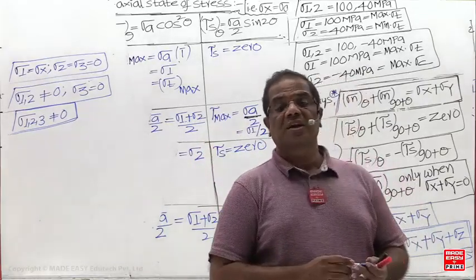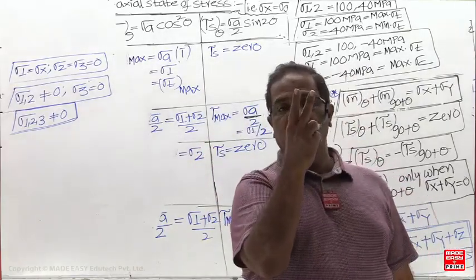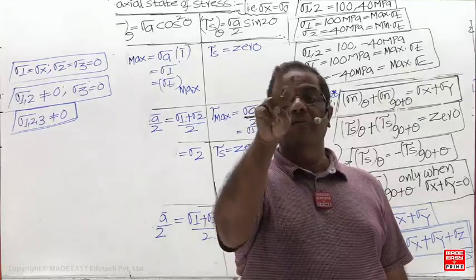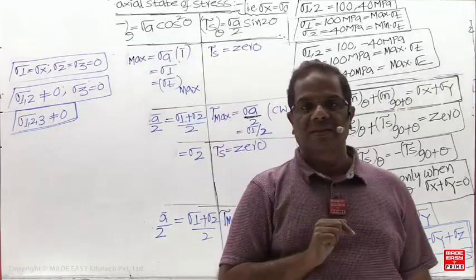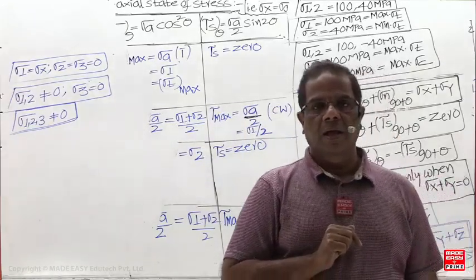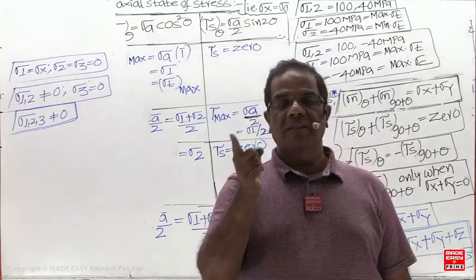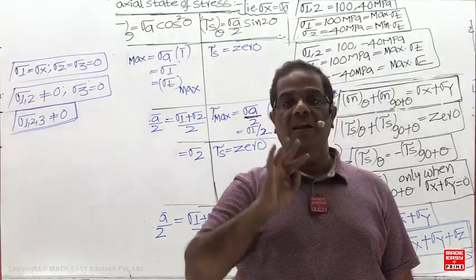Generally, the syllabus is restricted to biaxial. In the biaxial case, you are getting only two principal stresses. So one will be the major, one will be the minor principal stress. Sigma 1 is the major principal stress, sigma 2 is the minor principal stress.